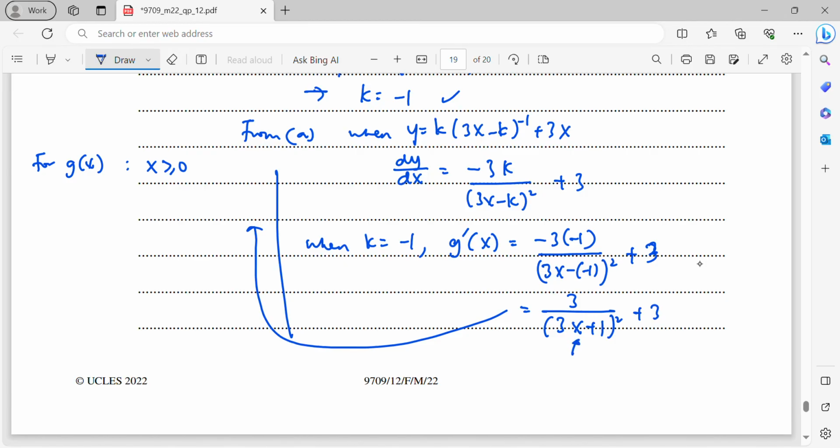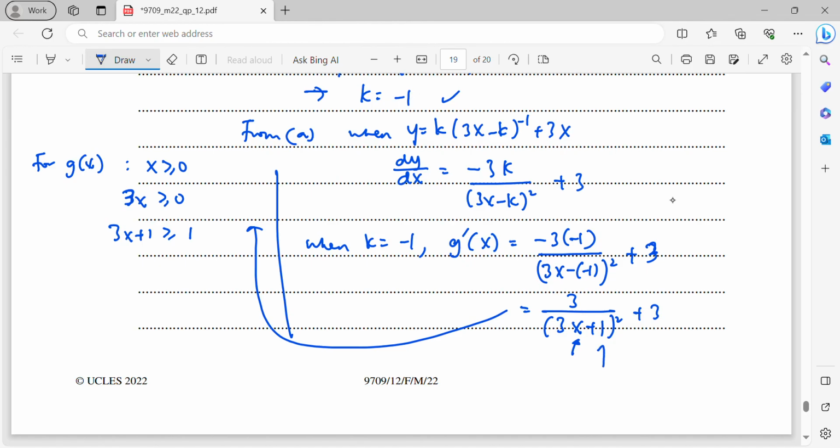Now I do it step by step. 3x is definitely at least 0, because 3 times 0 is 0. So here 3x plus 1 will be greater than or equal to 1, because 0 plus 1 is at least 1.